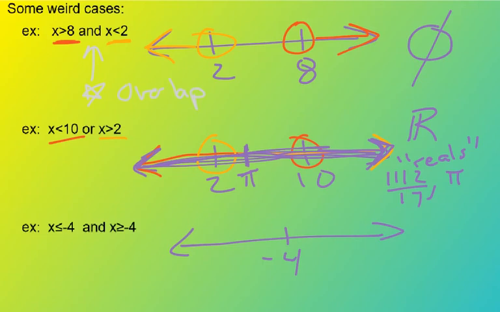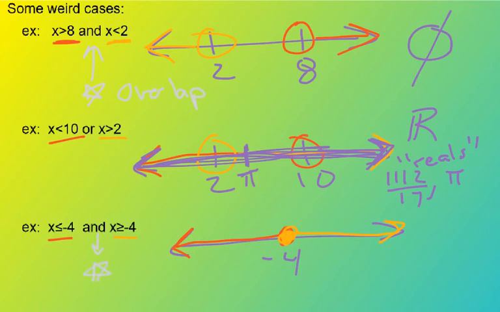So if you're less than or equal to -4, you would be like that. And then if you're bigger than or equal to -4, you would be like that. And if you remember this is an and, we need to worry about the overlap.